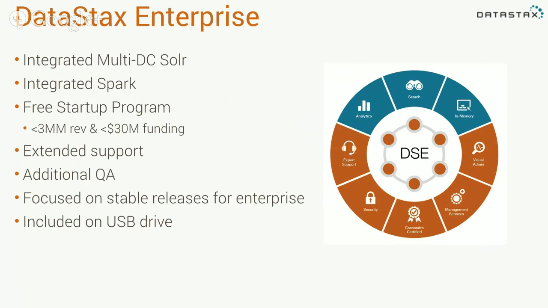You can get it for free if you're in a startup. The goal here is to come up with a stable release for enterprises. It's integrated with Spark. So if you get DSE, then you have Spark, and you also have Solr integrated as well. So you get one thing, and you can do search, analytics, and Cassandra all with one product across multiple data centers. So those are your two options.